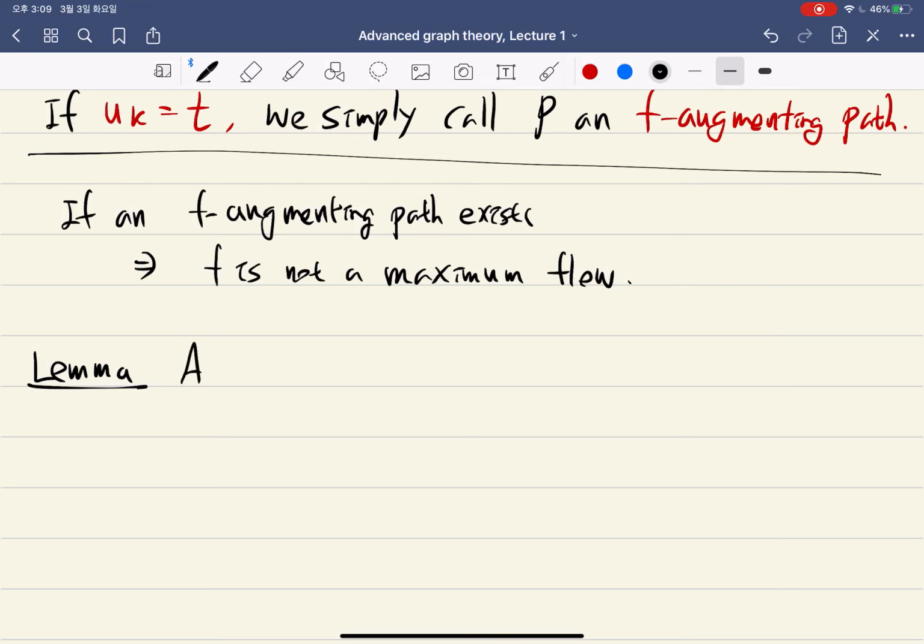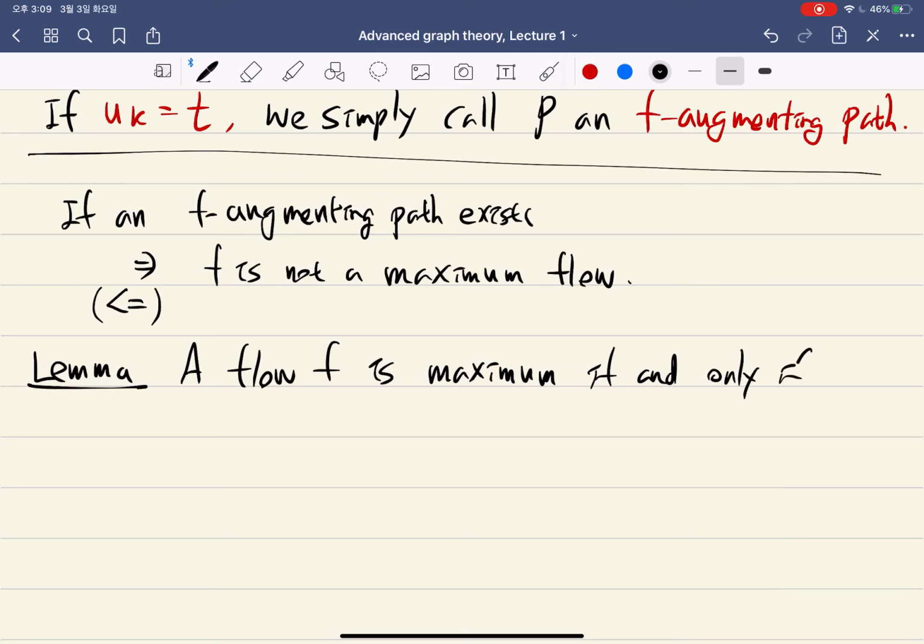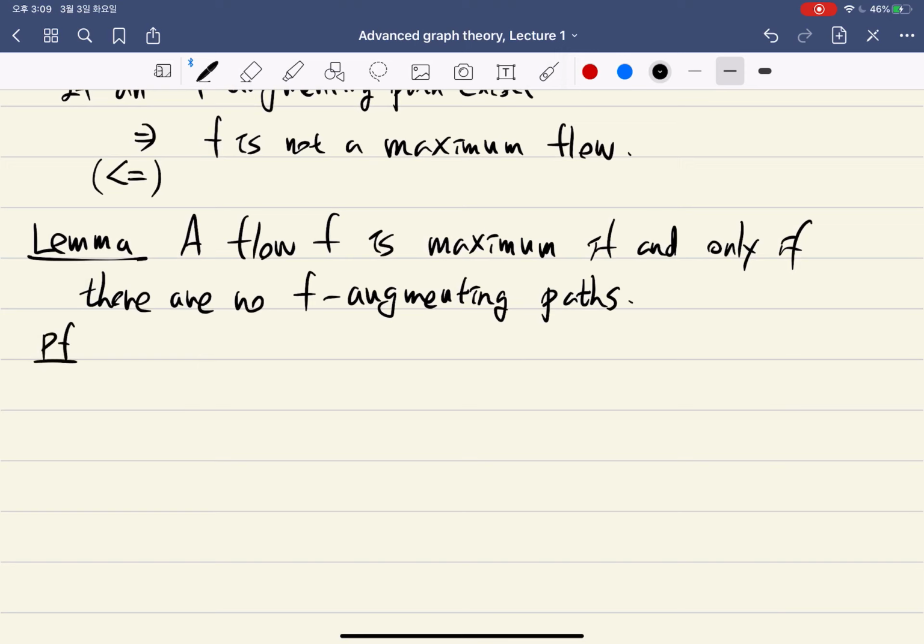The converse also holds. So we can show that a flow f is maximum if and only if there are no f augmenting paths. So this can shift our problem of finding maximum flow into finding f augmenting paths.